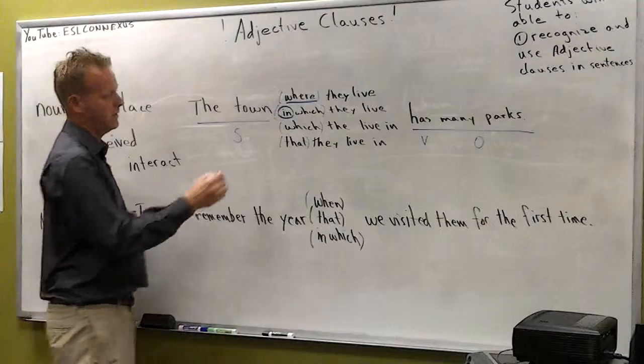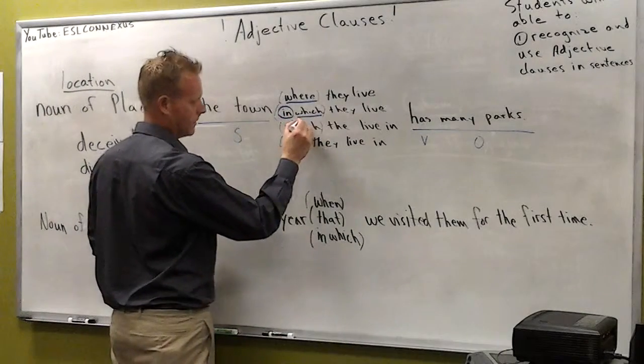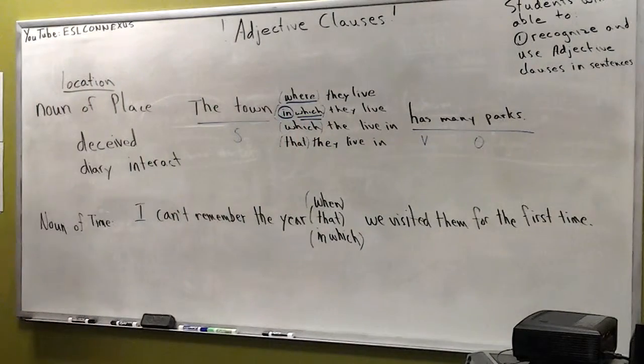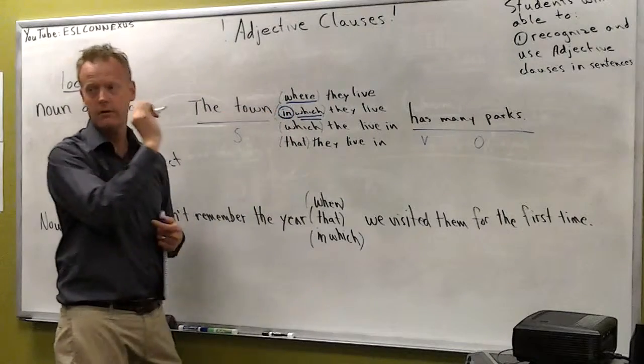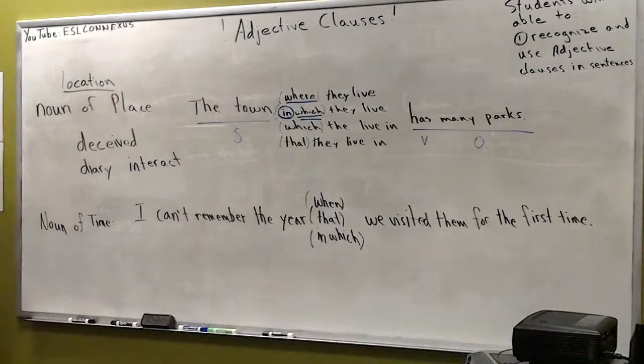And which word follows it? Which. Listen, when you're describing a place or a location, which is the only relative pronoun you can put the preposition in front of. Yeah, which. Okay? If you're describing a person with a preposition, the only one you can use is whom.